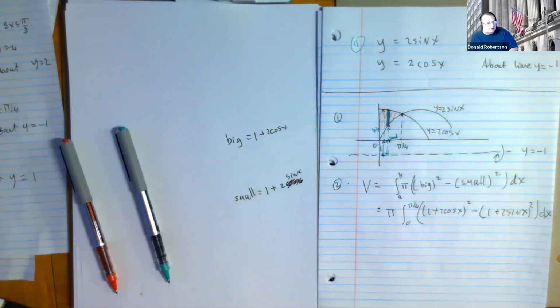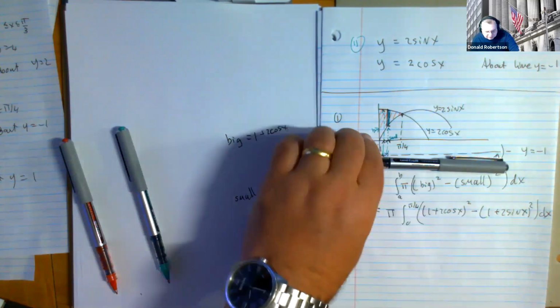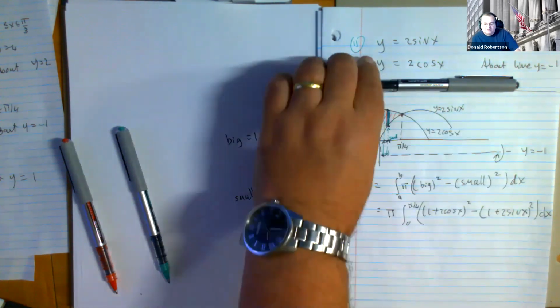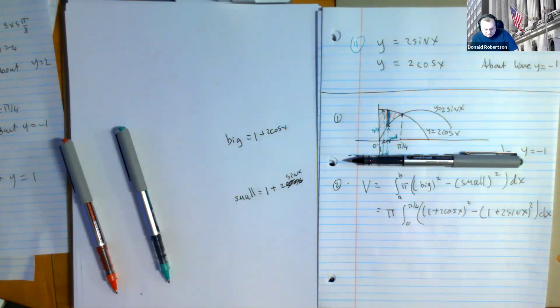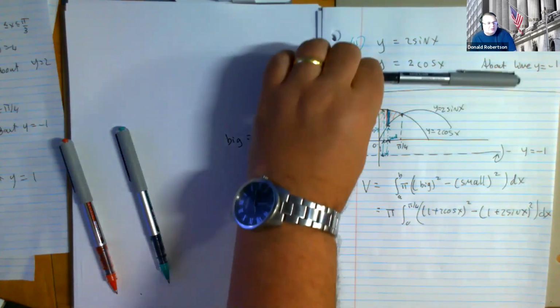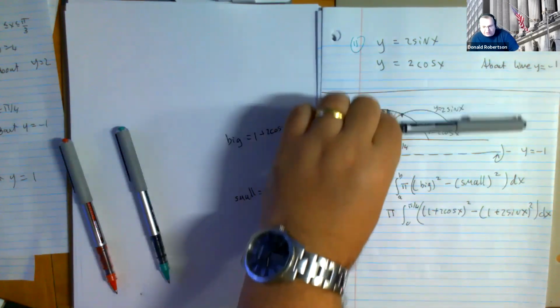In the previous case it was 4 take away a function, 4 take away a function. It is a consistent pattern, but each pattern depends on the orientation, meaning where you are rotating. Down here it's 1 plus the function. Up here it would be 4 take away the function. Axis of rotation down here, 1 plus the functions. Axis of rotation up here, 4 take away the function. Because in one you're pointing down the way and you're subtracting to get distances, and in the other you're pointing up the way.